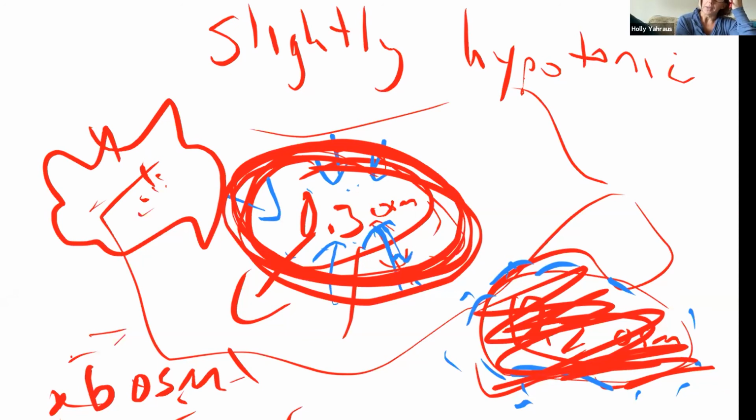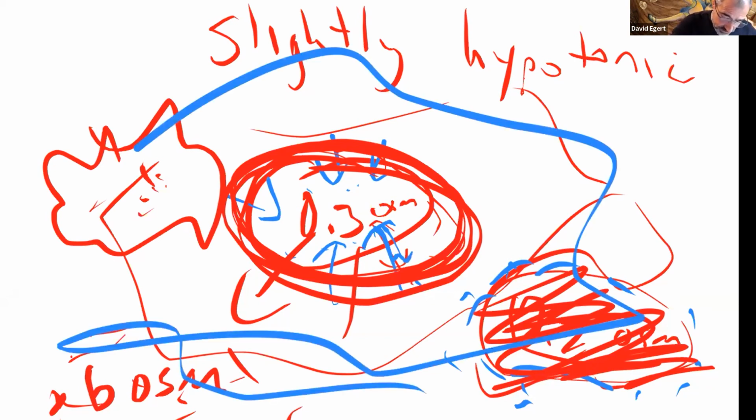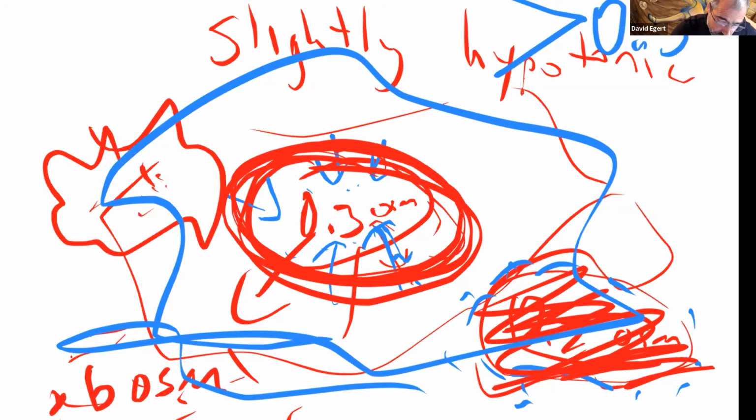Oh, gotcha. So as long as this outer solution is anything greater than 0.3 osmolar, water is going to leave. How much and how fast depends on the gradient, but water will leave, and the cell will start shriveling up. So this is kind of like that magic number.